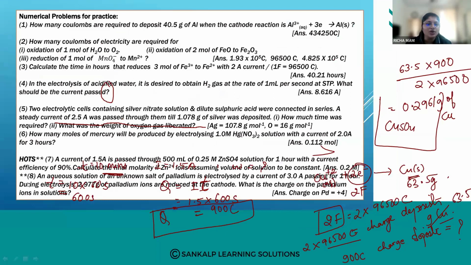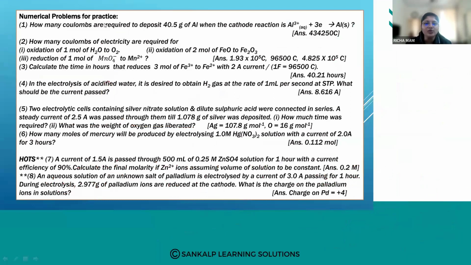Solve the first one. How many coulombs are required to deposit 40.5 grams of aluminium when the cathode reaction is Al plus 3 electrons giving you Al solid? Let us solve this. Try to solve.